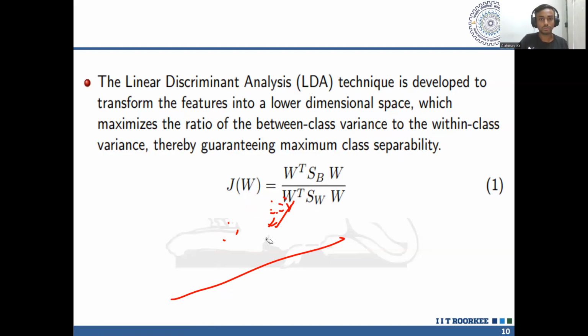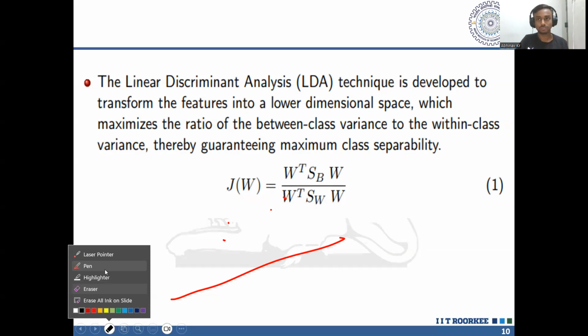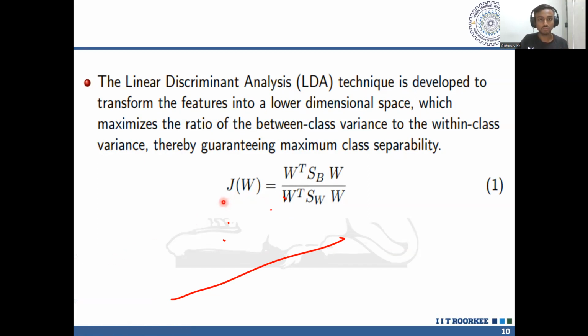So what you're doing is, let's consider a constant J(W). You are maximizing the ratio between the between-class variance and the within-class variance. We have to maximize this term, and we have to find that projection vector, W, such that it maximizes this function J(W).